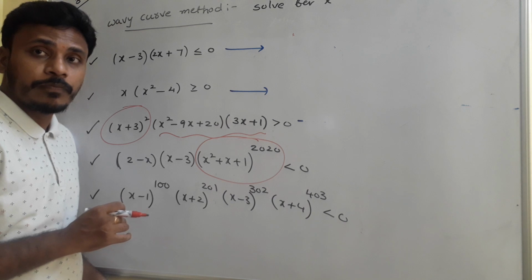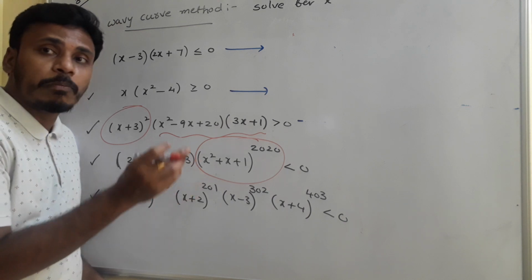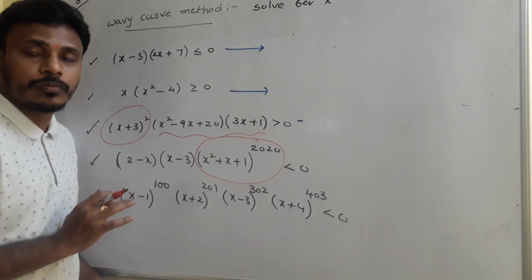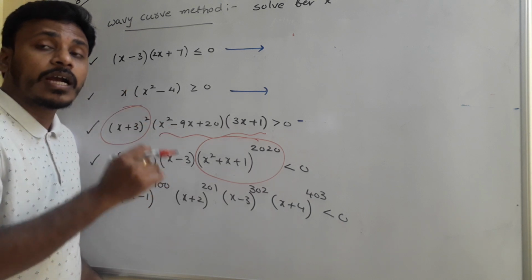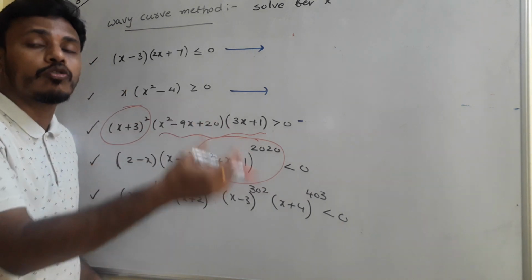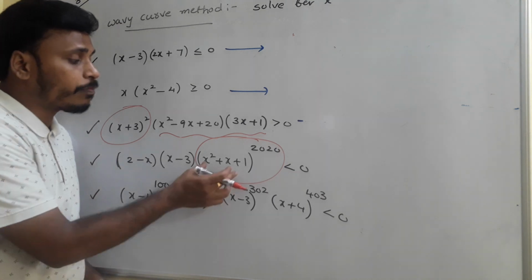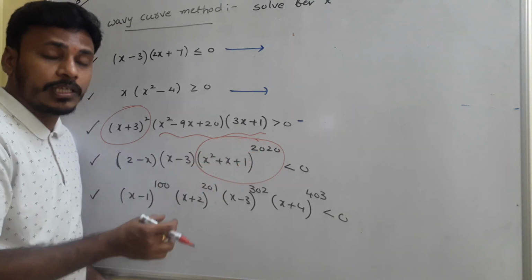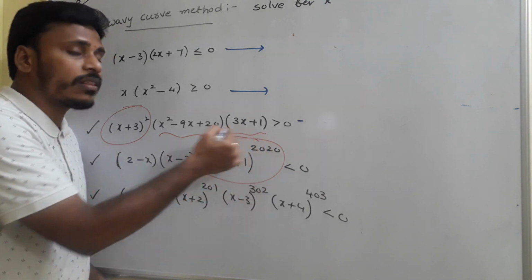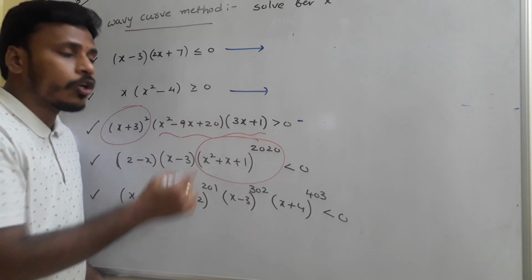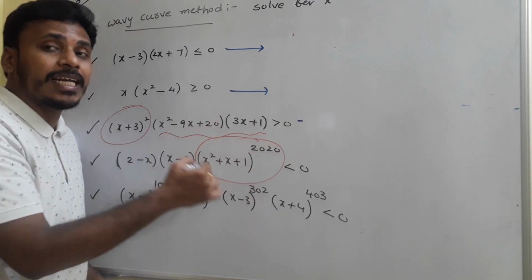Any quantity to the power even number is always positive, because the even power converts the negative also into a positive quantity, and that's why this quantity is always positive. So no need to think about it, just neglect it.